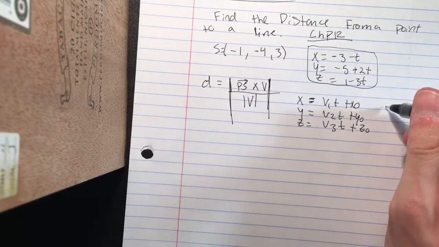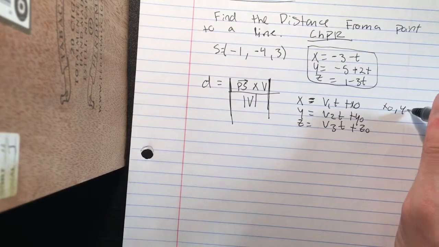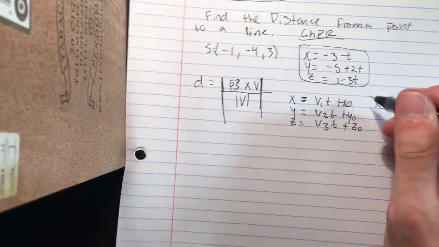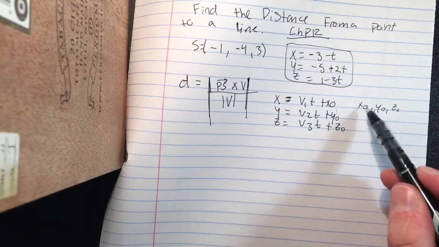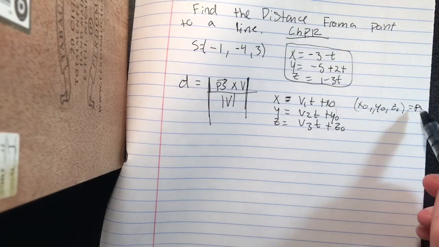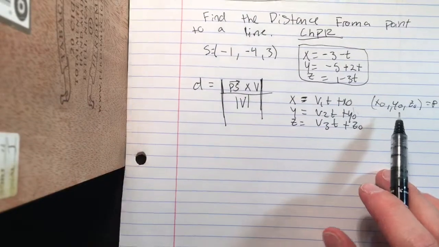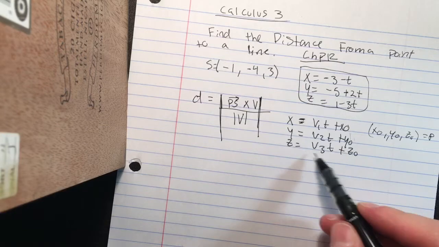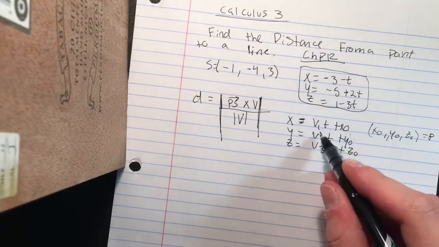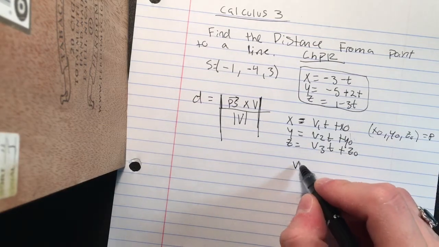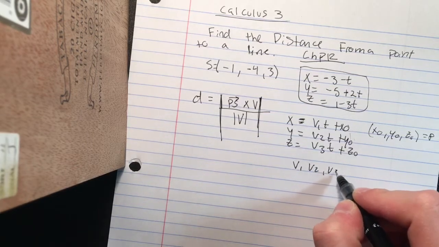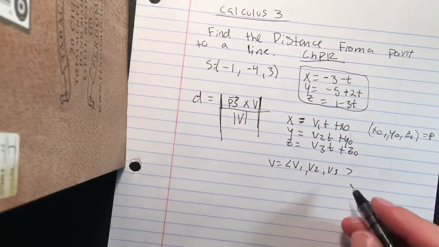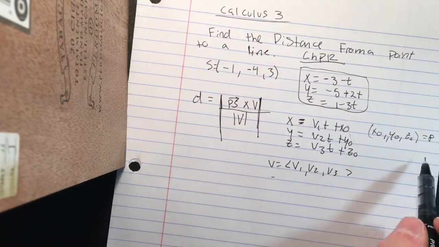Then x0, y0, z0 makes up a point P, an initial point, a starting point on the line, because it's in the line equation. And v1, v2, v3 is generally just a vector V. So now you've got P and a vector.